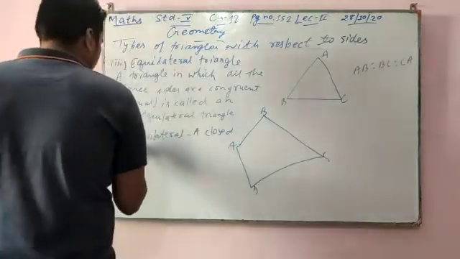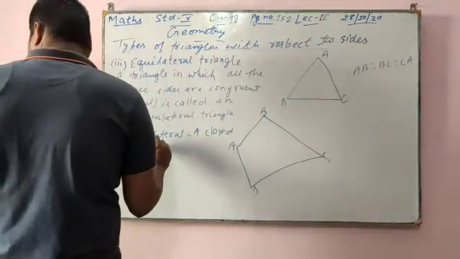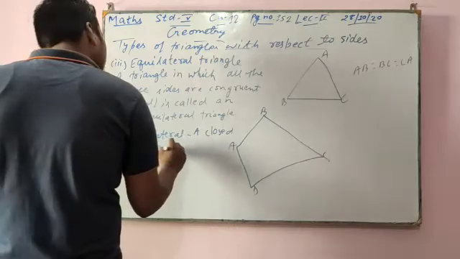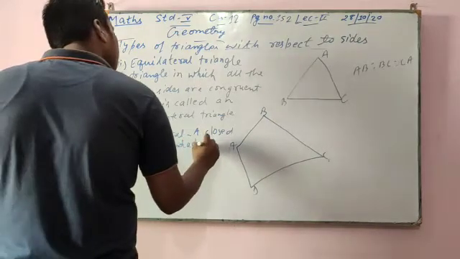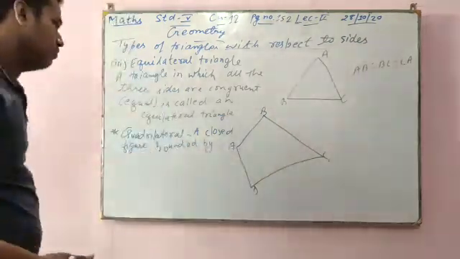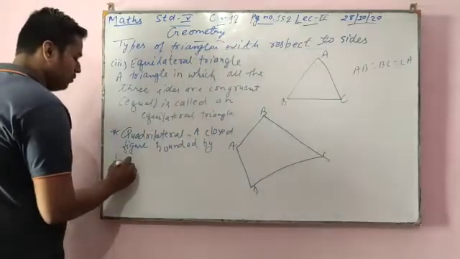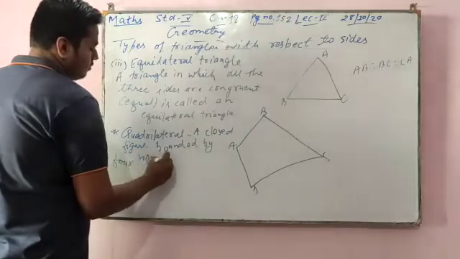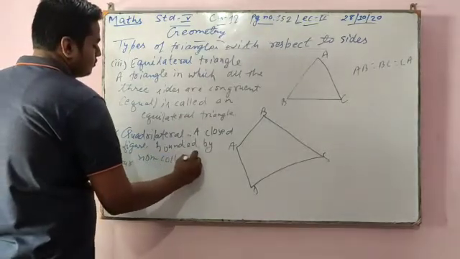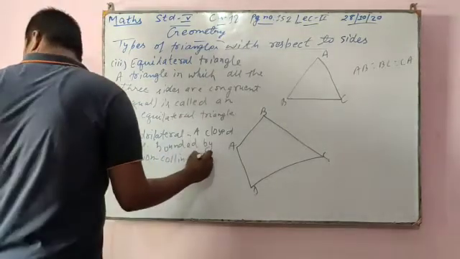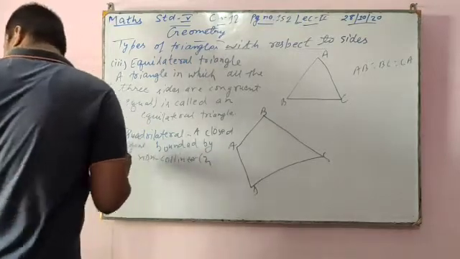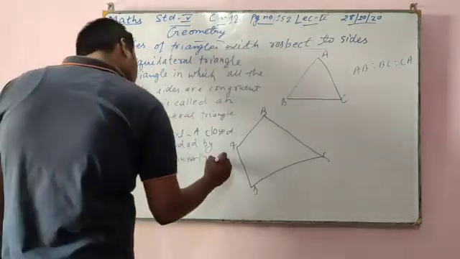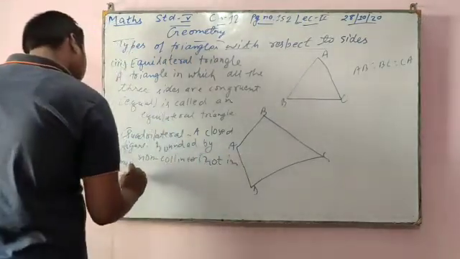A closed figure bounded, which means bordered, by four non-collinear segments. Okay, non-collinear means not in a line.